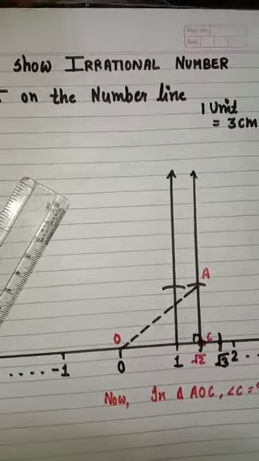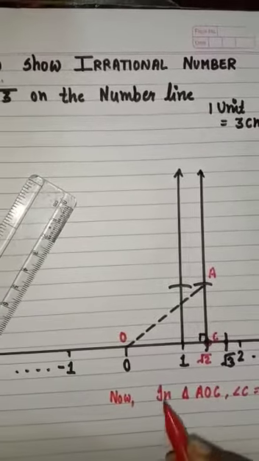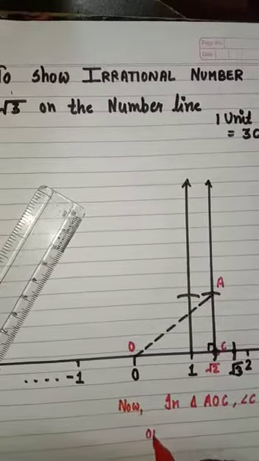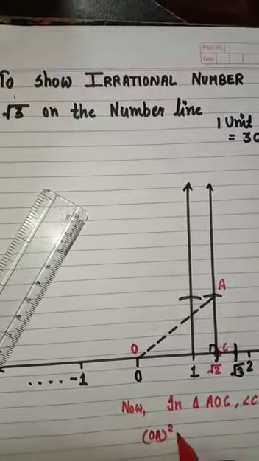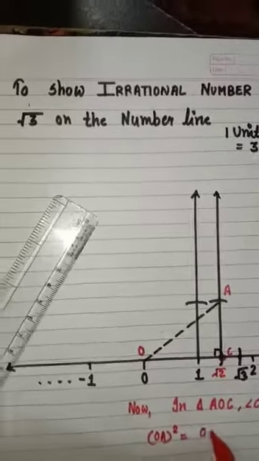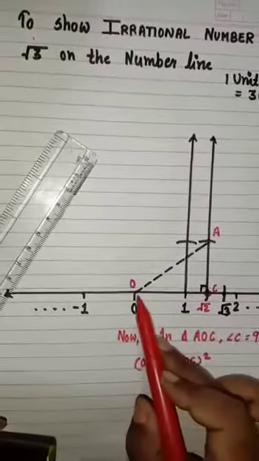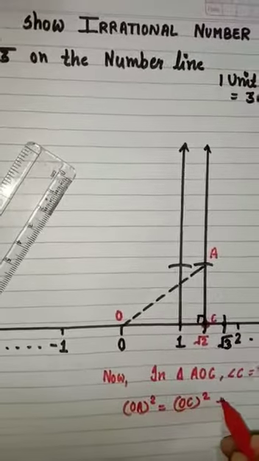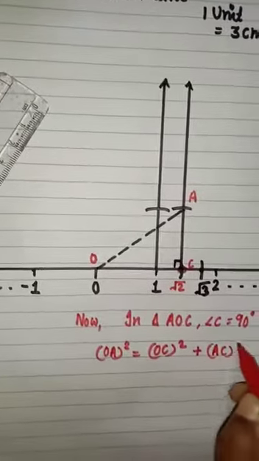So it is a right angle triangle, and we can apply the Pythagoras theorem. Means OA whole square is equal to OC whole square plus AC whole square.